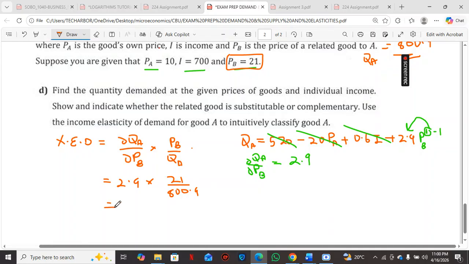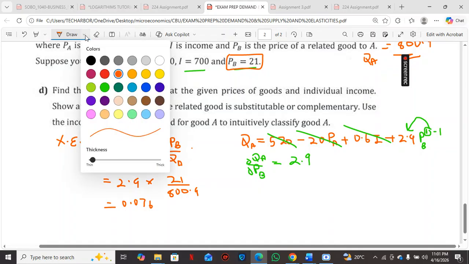Okay, so you're going to say 21 divided by 800.9, you get 0.026. 0.026 multiplied by 2.9, you're going to get 0.076.